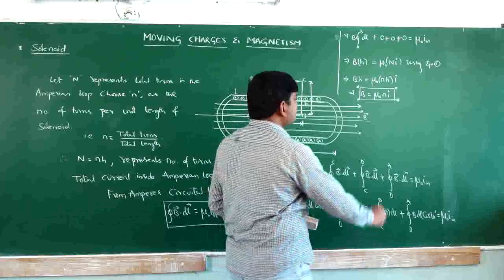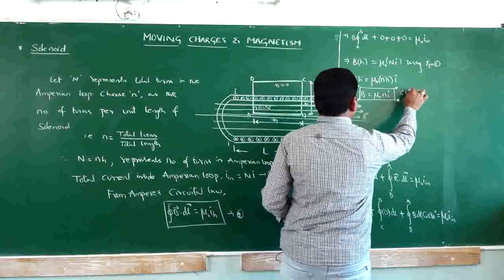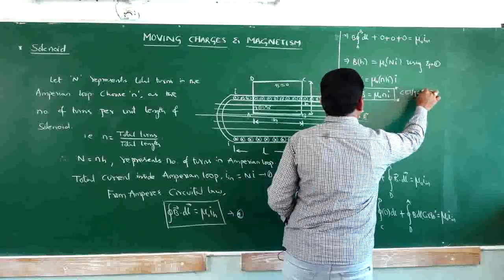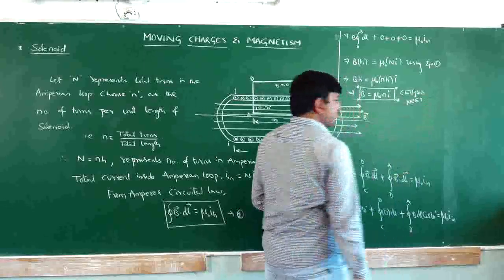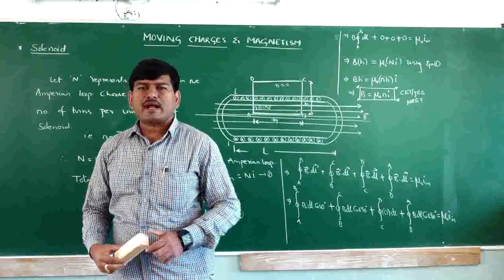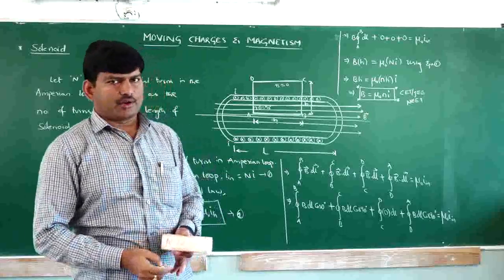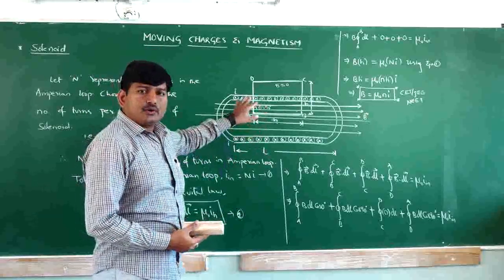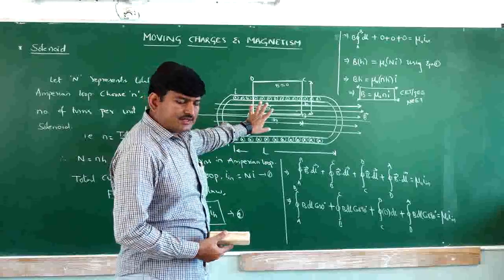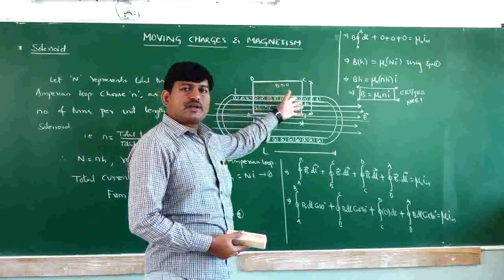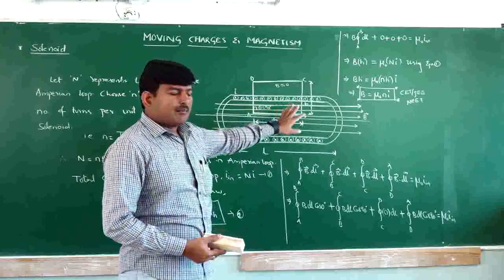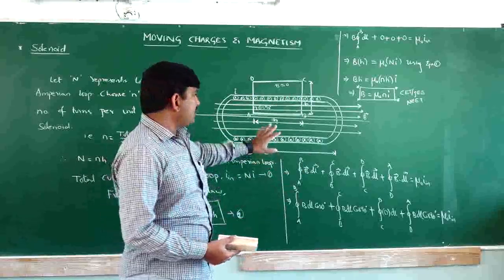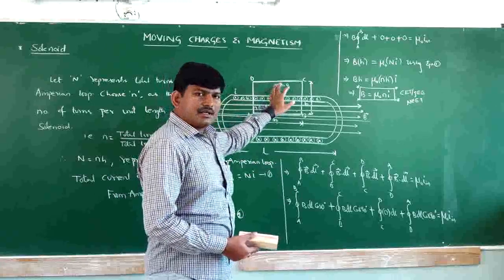Is it clear? This is a useful formula for all kinds of competitive examinations. B is equal to mu naught n I is the formula for the magnetic field well inside the solenoid. So, here I told you that the magnetic field inside the solenoid is uniform and outside the solenoid it is negligible. When you compare that magnetic field with the magnetic field inside the solenoid, I will tell you how it is neglected in the next part.